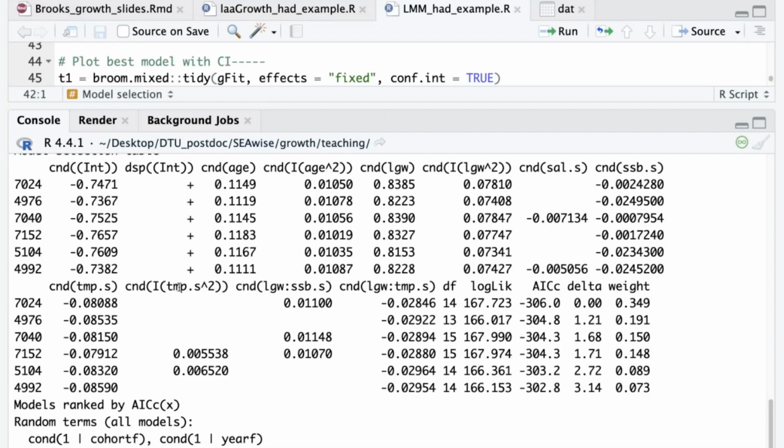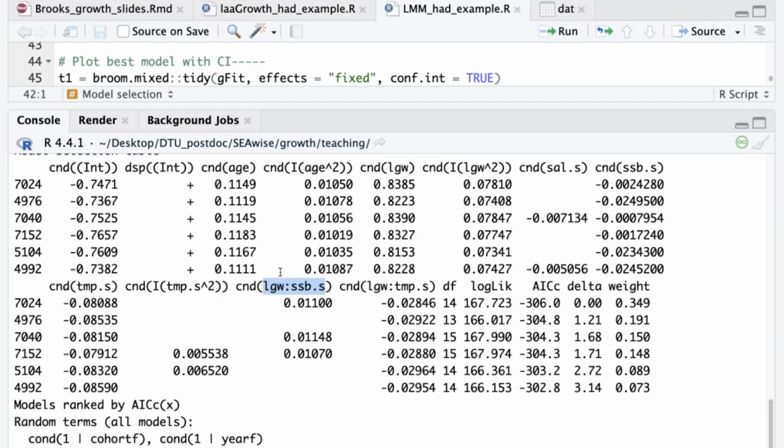And then the interaction terms are kind of interesting, but harder to interpret. There's an interaction with log weight and temperature. So higher weight means an even worse effect of temperature. And then there's this interaction with log weight and SSB such that the sign could change.